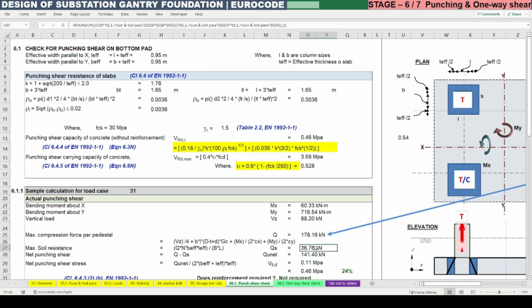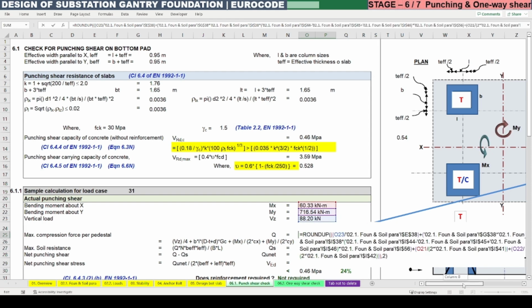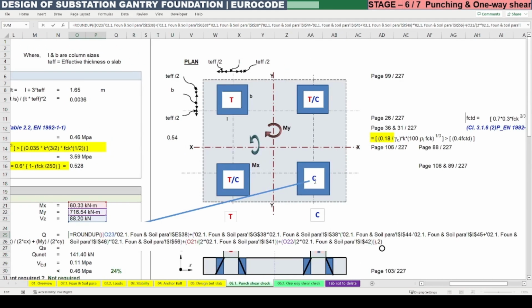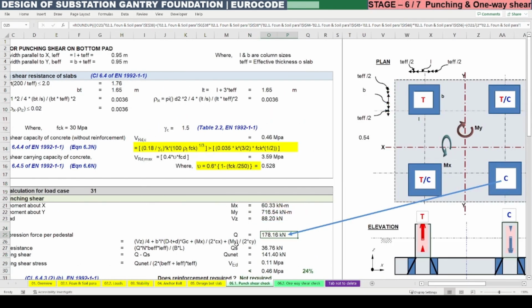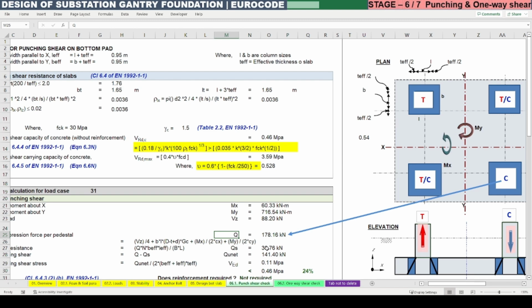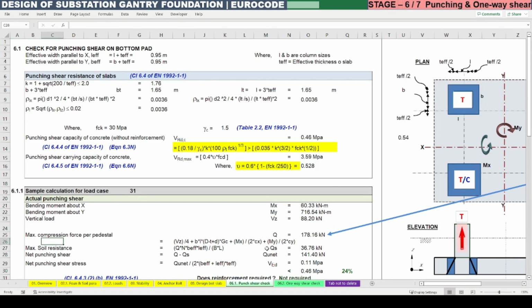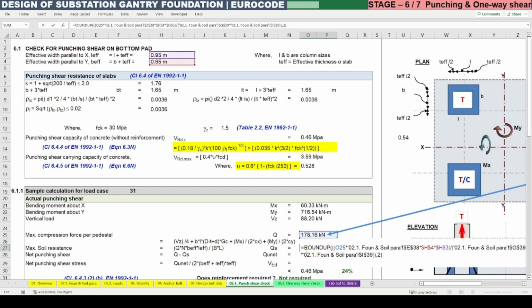So we are calculating the ultimate load or compression load which is transferred to the column. So that we can call Q. Then we need to find out the soil resistance. Soil resistance is nothing but the number of sites.